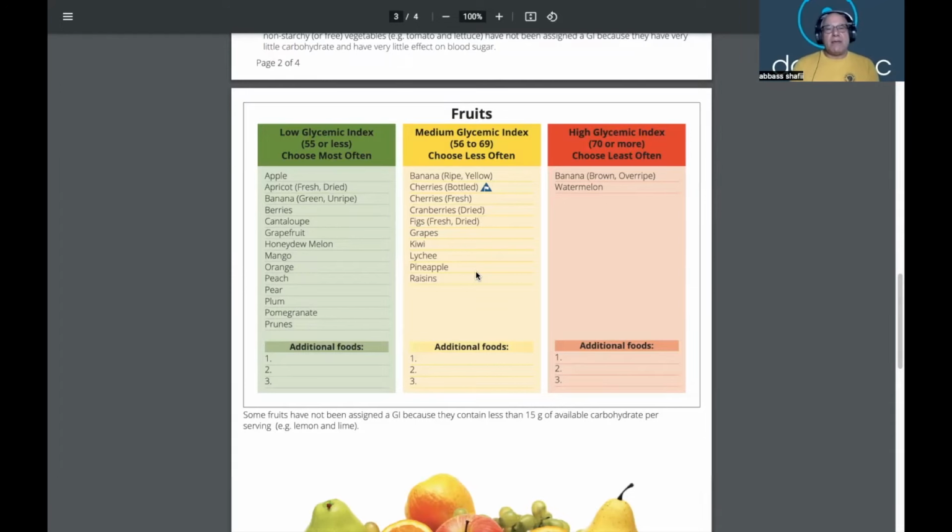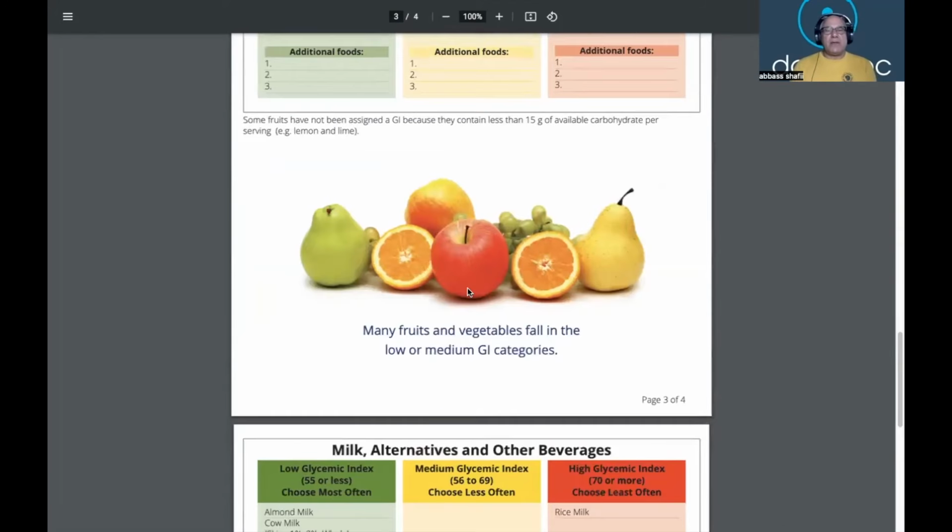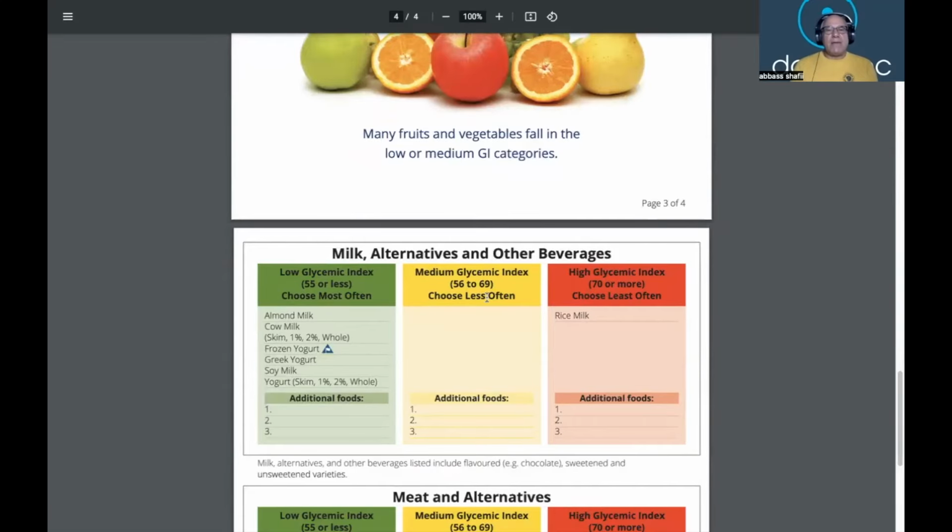If you look at some of the packages, you see some sugar in it. That's a preservative that takes it from a low to a very high glycemic index, and of course, it depends on how many of those you have.